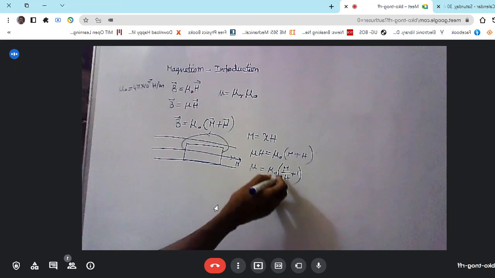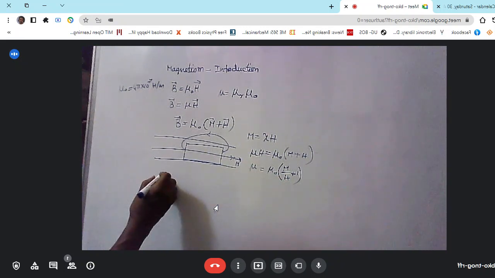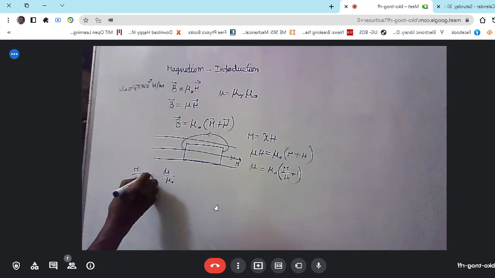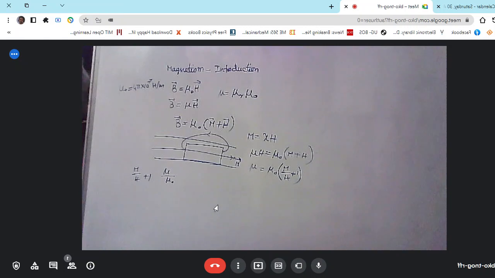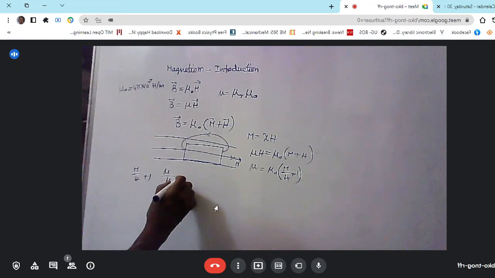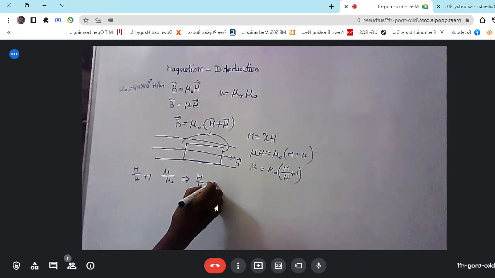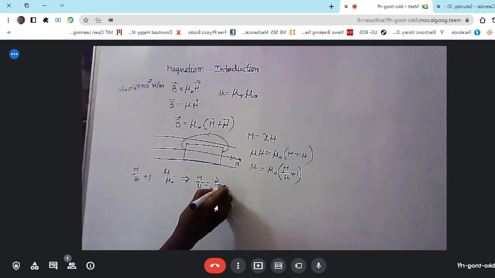Therefore, this expression may be written as mu by mu naught equals M by H plus 1. So what is M by H? Mu by mu naught minus 1.